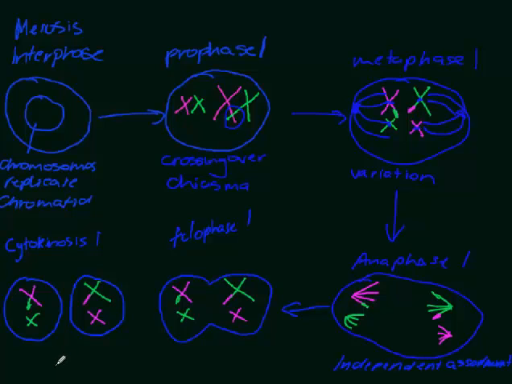The other thing to note is that these cells are no longer identical. Okay, so we've got some exchange of genetic material, some variation from crossing over, some variation from this process of independent assortment. So these are not identical.